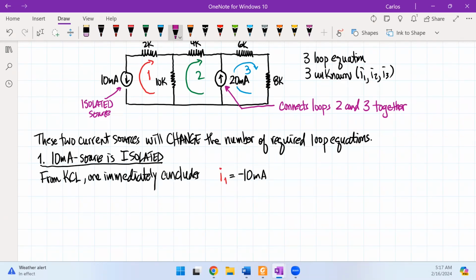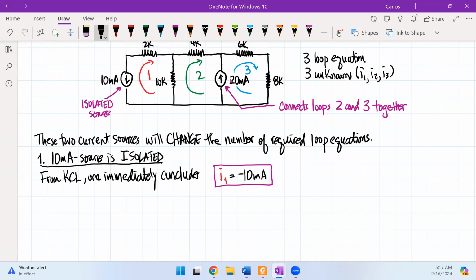It forces it to be in this situation. The 10 milliamp current source reduced the number of unknown loop currents.